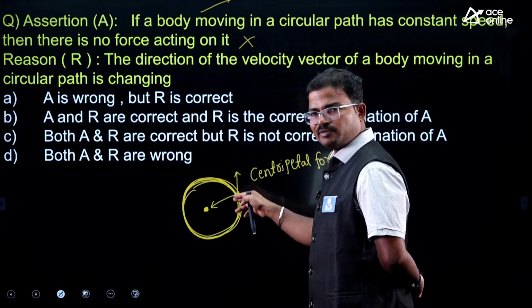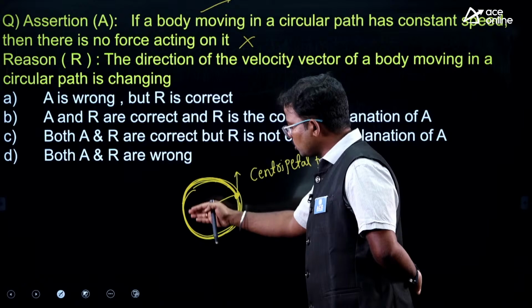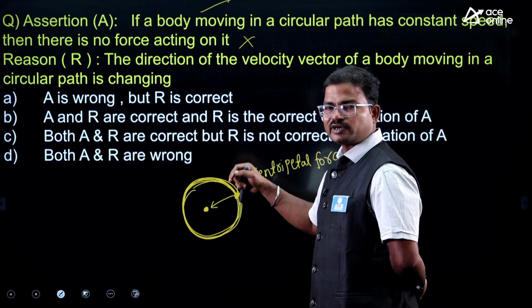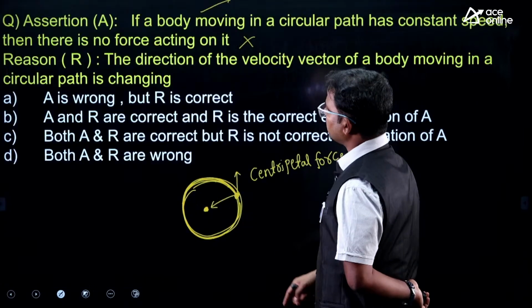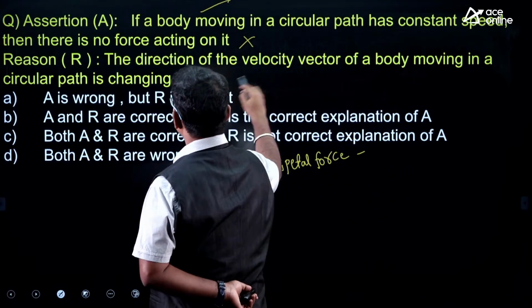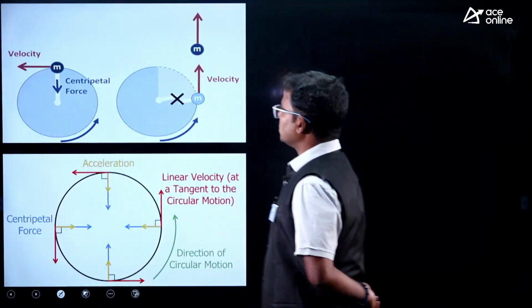Why? Because it is revolving in a circular path. What is the reason behind that? Centripetal force. So A is wrong, but R is correct.